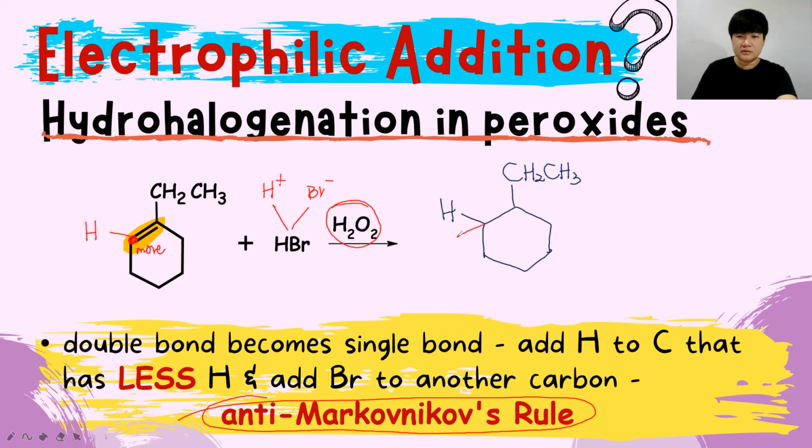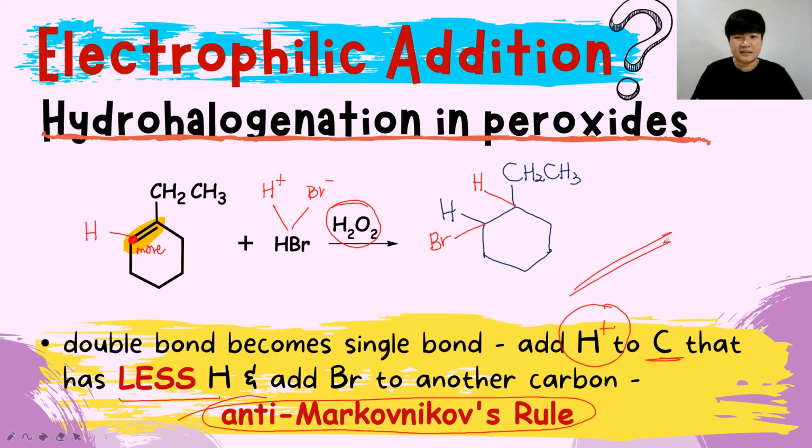And then the carbon-carbon double bond will have new friends. And with the new friends over here, which one will go into which carbon? The electrophile, your H+, must be added to the carbon that has less hydrogen. So your H+ is added to the carbon that has less hydrogen, and automatically your Br- goes into the carbon that has more hydrogen.